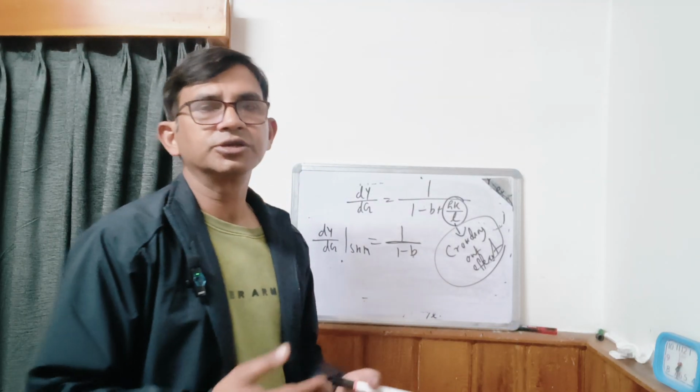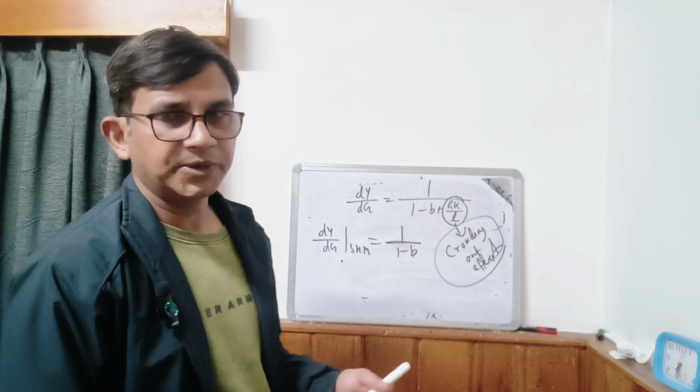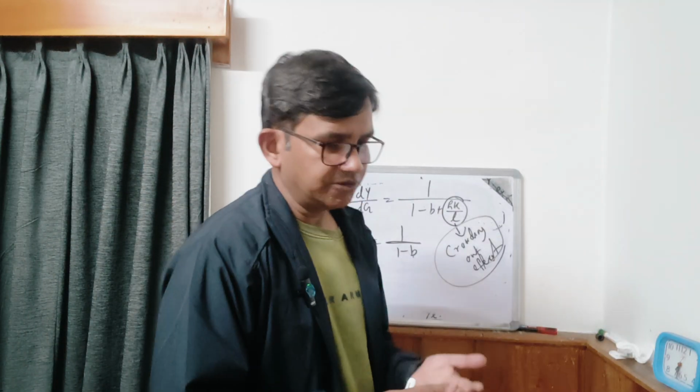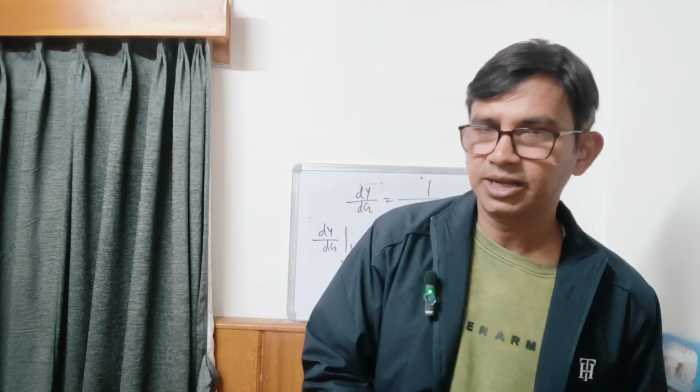So we can also derive the value of the tax multiplier. Here we'll use two types of taxes. First is the lump sum tax and second is the proportional tax. So let's start with the lump sum tax.